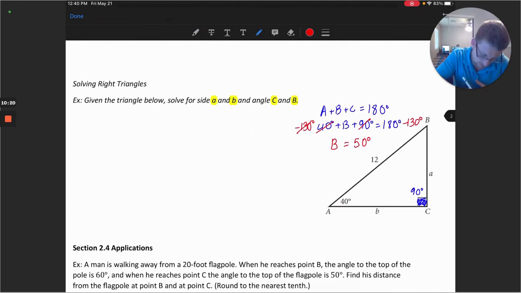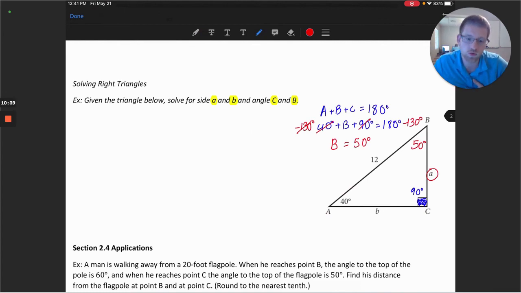So we have 50 for that angle, and now we can work with our sides. So let's take a look at side A first. If I wanted to solve for side A, we can consider using one of our trigonometric functions.